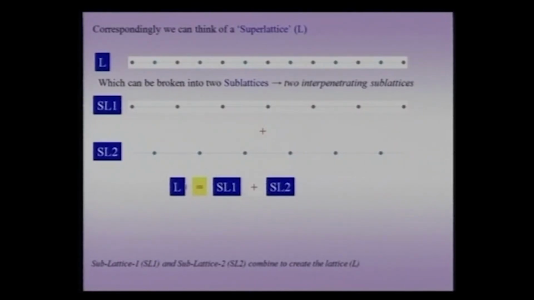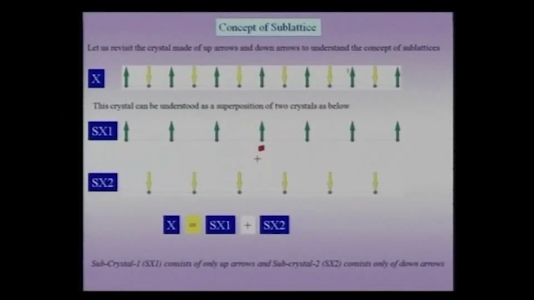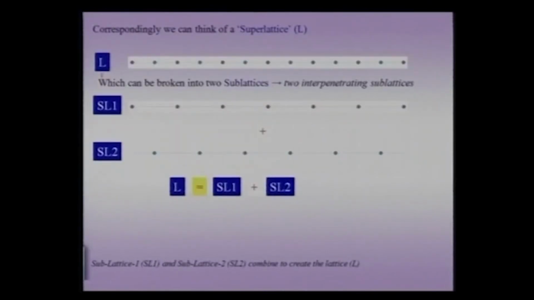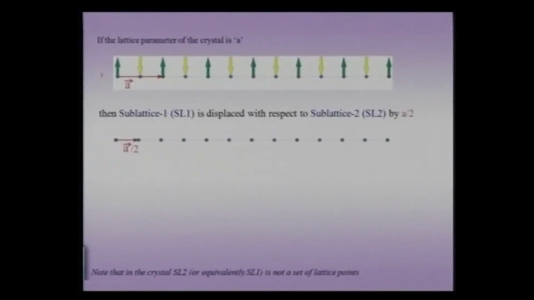It is called a superlattice not because it has some super property like superconductivity or superplasticity. It merely implies in this case that the superlattice consists of two sublattices, and these two sublattices have been decorated with certain kinds of entities, in this case up arrows and down arrows, to create a supercrystal, if you wish to call the crystal X, which is a superposition of these two subcrystals.